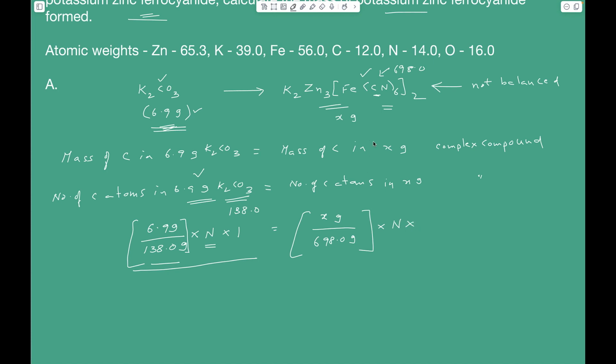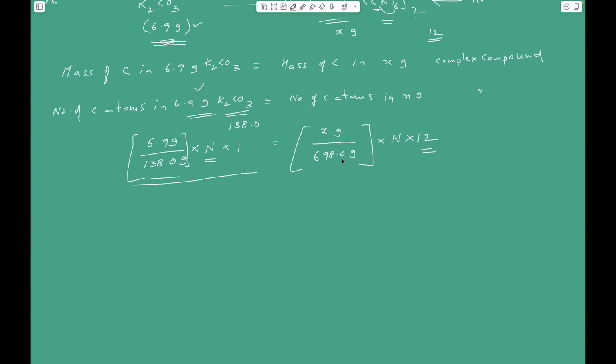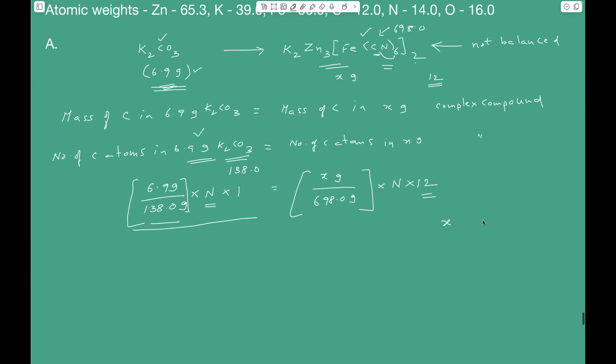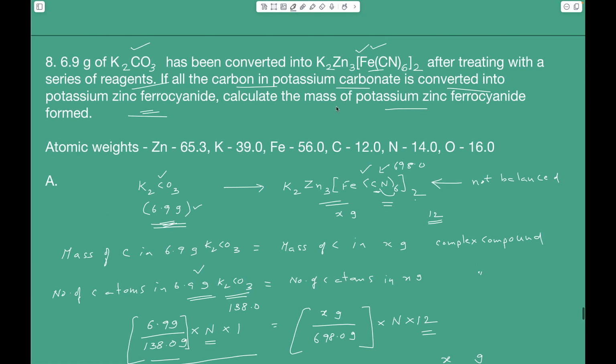And to get the number of carbon atoms, you know that in each formula unit there are 6 times 2, 12 carbon atoms. So the total number of carbon atoms would be the number of formula units multiplied with 12. Now you solve this to get the value of x and express that in grams to answer this question. That would be the mass of the complex compound formed.